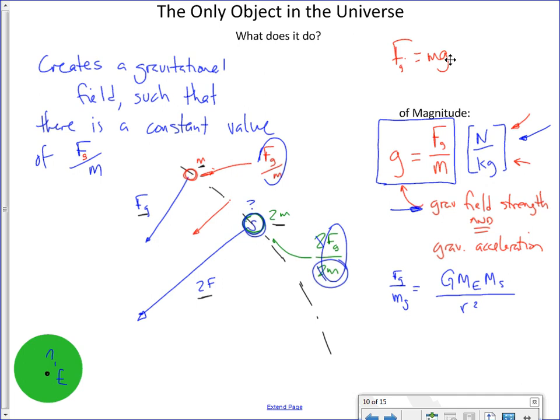But look, divide by the mass of the satellite. Put the mass of the satellite down here, and look what goes away. And here's another expression. Well, that's what g is, or that's how you express g, gravitational field strength, in terms of the mass that made it.